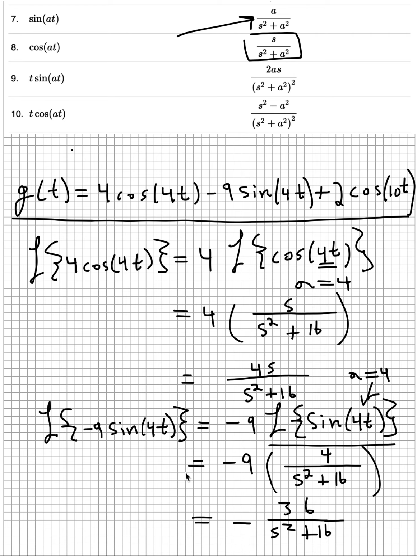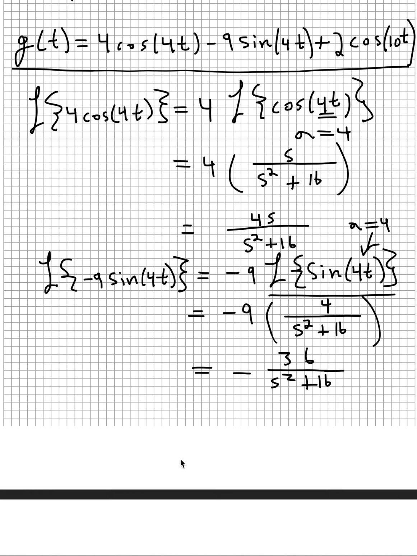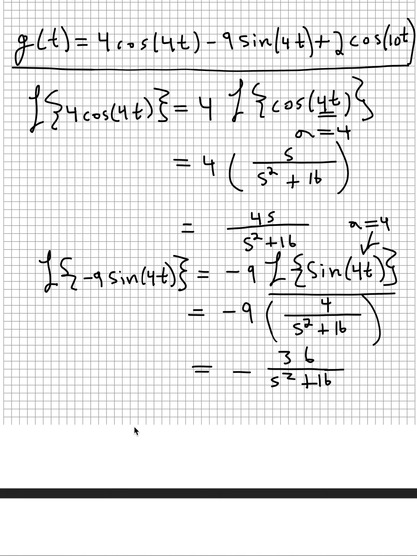And then the last one, I'll leave to you guys to solve. But I'll just write down what the answer will be. If you do the Laplace transformation of 2 times the cosine of 10t, okay, you should get 2s divided by s squared plus 100.